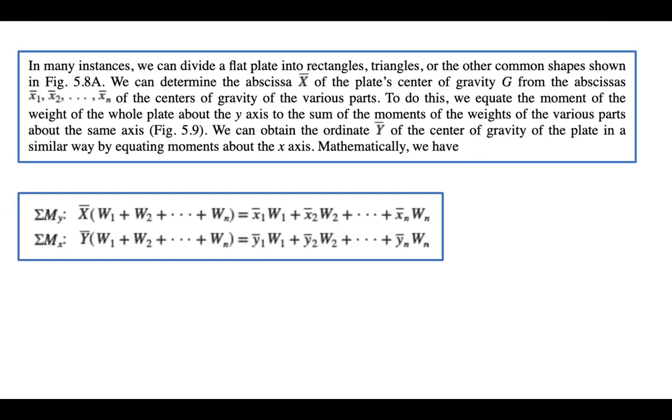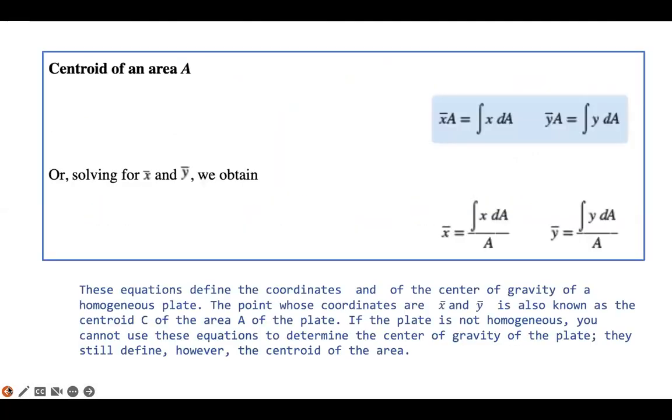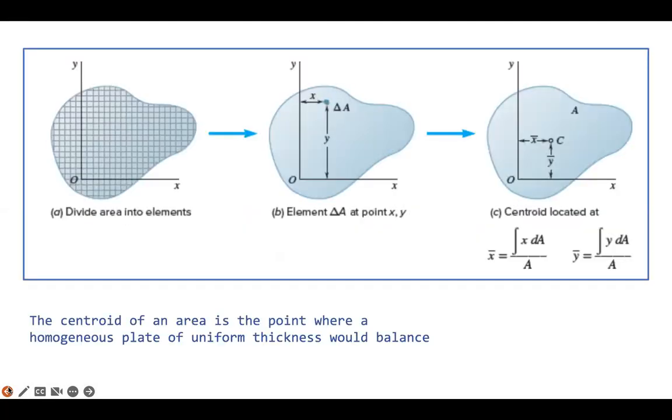Mathematically, we have this. So the sum of the moments about the y-axis, why did they use x bar? Well, they used the x bar because when we are summing the moments about the y-axis, the distance we use is actually x. And that actually makes a lot of sense if we go back over here, because we can think of moments also in terms of torque.